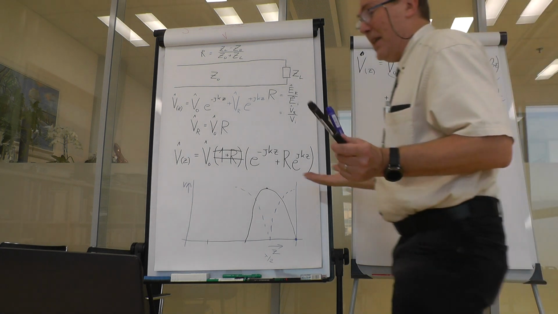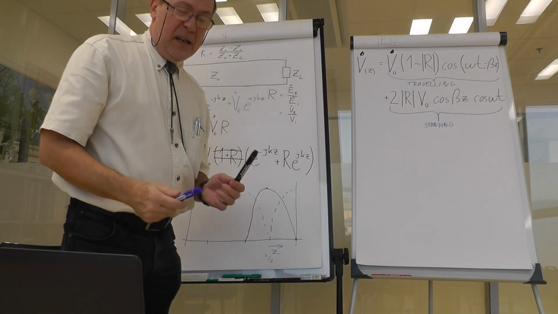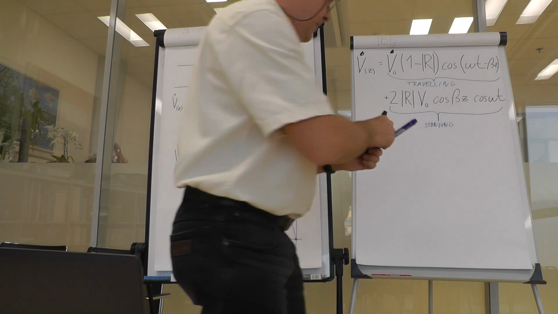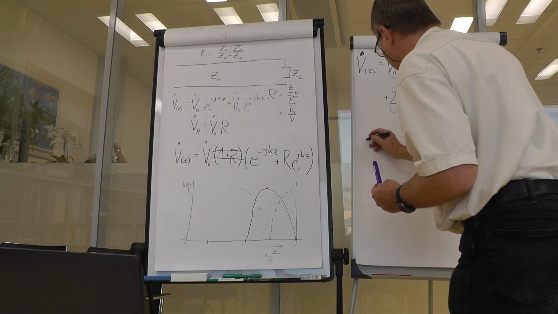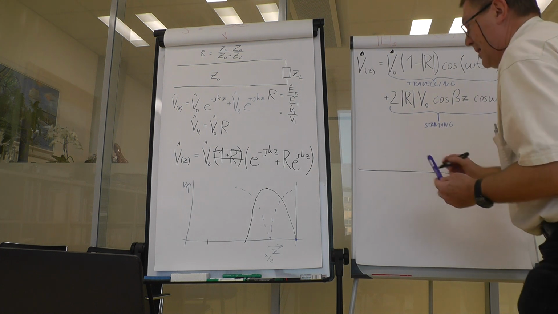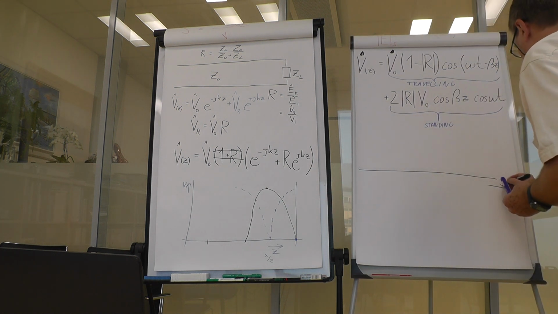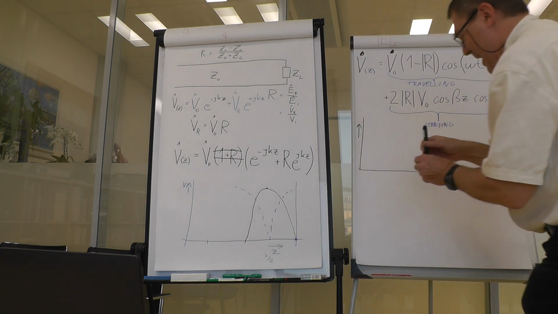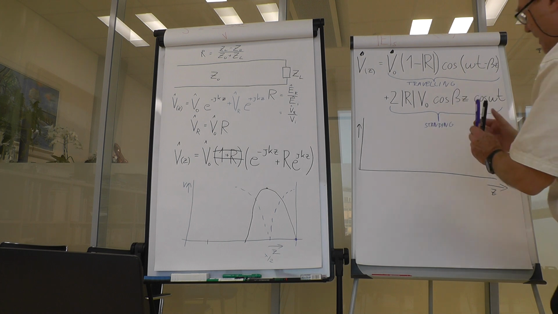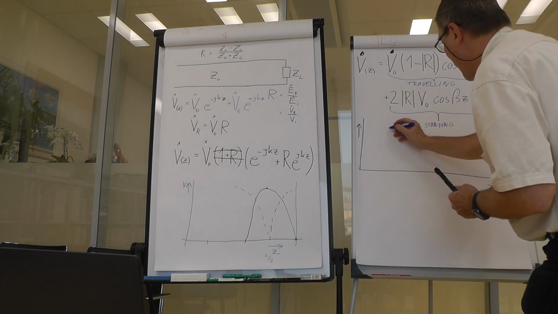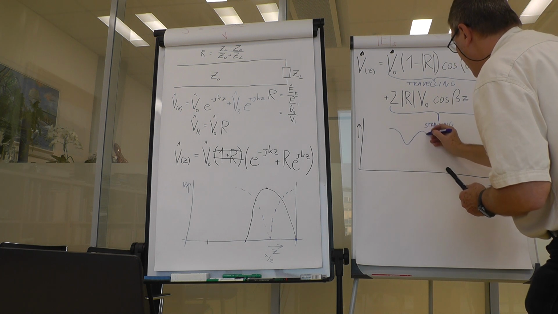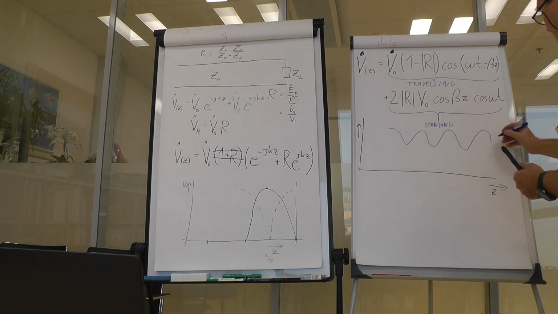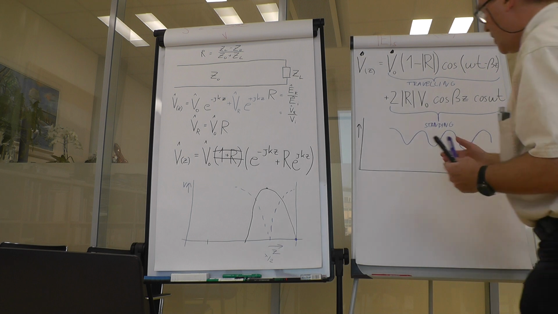And what happens in between is that we have something between a standing and traveling wave, which looks, let's say, like this. So we would have again this graph with the z-axis. We have got the voltage over here, and the standing wave pattern would now be something like so.